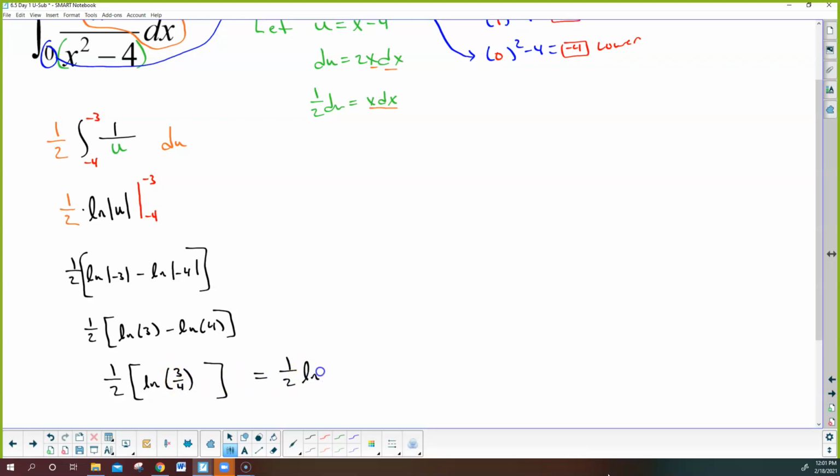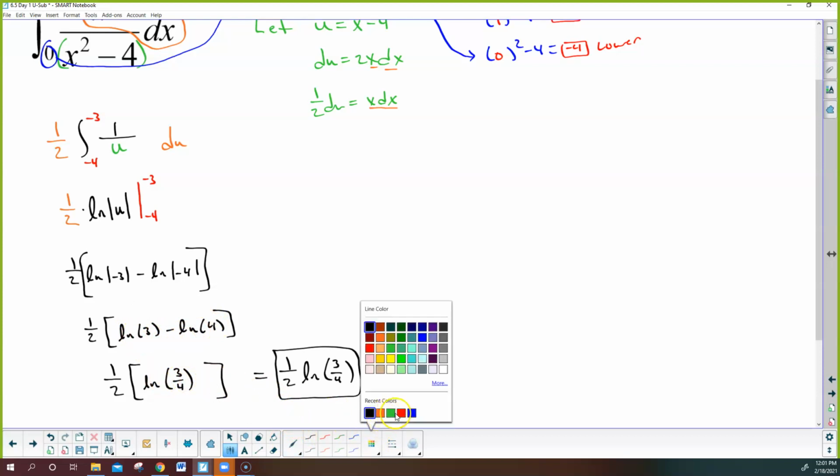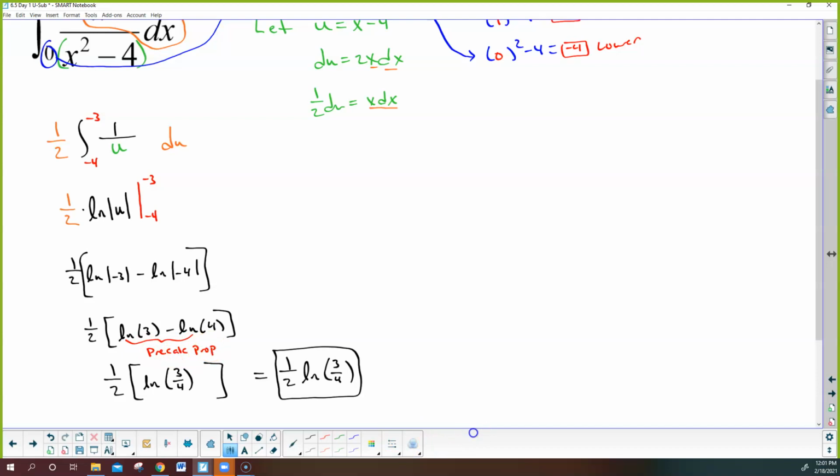So this is what the multiple choice question would look like, most likely. And it's just a pre-calc property from here to here. And I know it's not awesome, but if you want it a little more general, this is what the pre-calc property is right here.